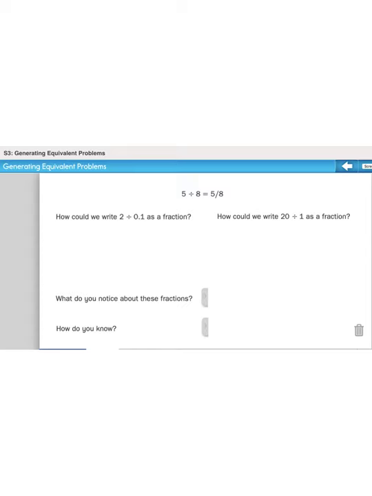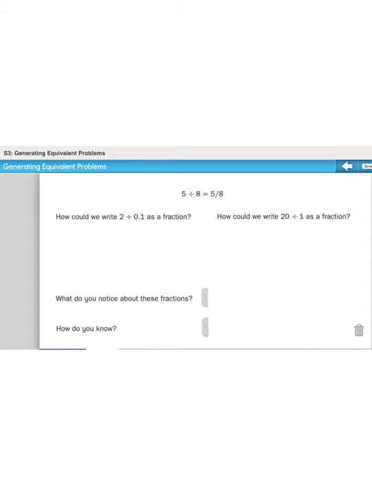Now, remember that every fraction can be interpreted as a division problem, and every division problem can be interpreted as a fraction. For example, look at the top of this page where I have 5 divided by 8. We can say that the answer is 5/8. So how could we write 2 divided by 1/10 as a fraction?